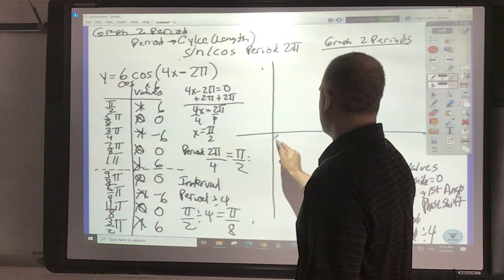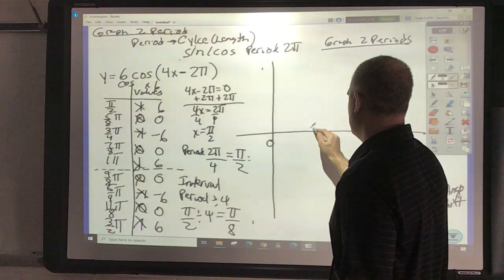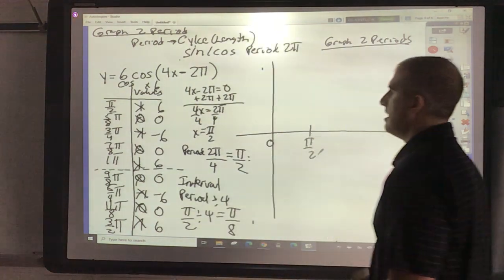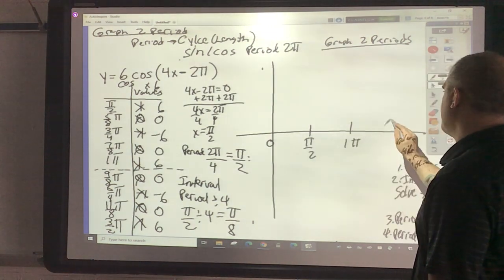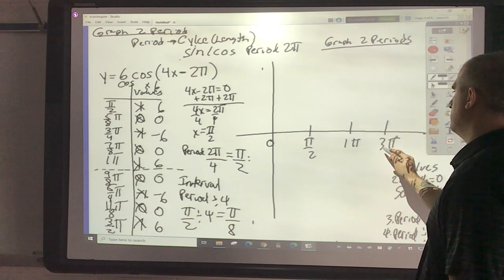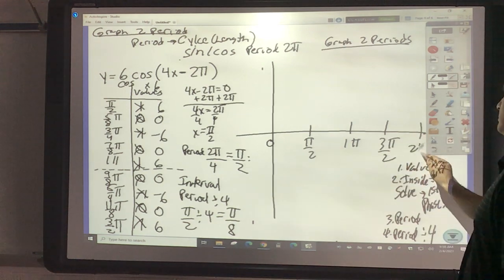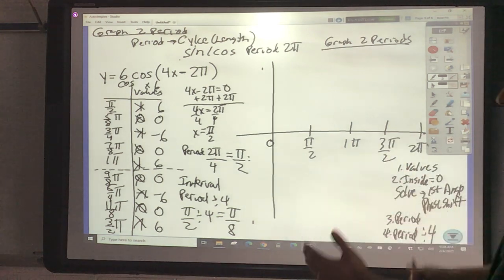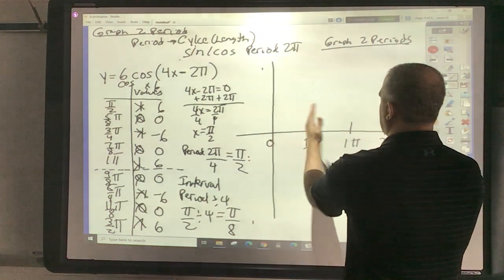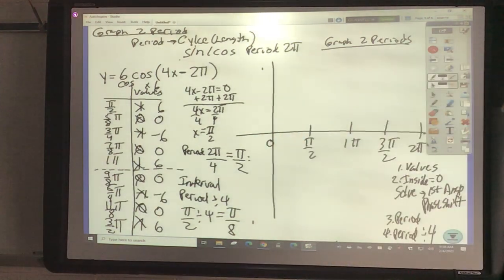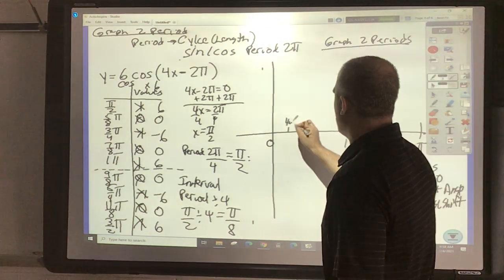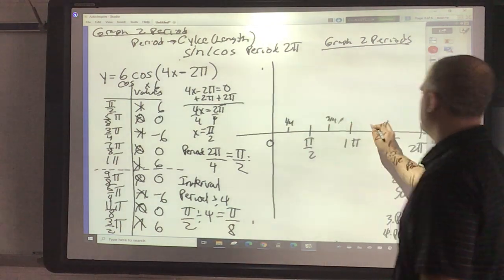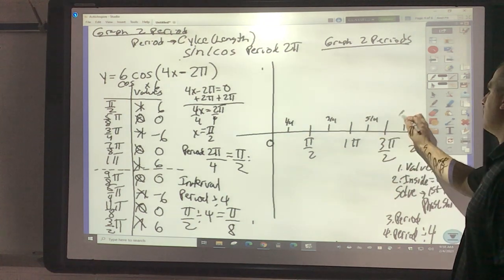I get to 0 and then pi over 2. Then I would go to pi, then 3 pi over 2, and then 2 pi. Why don't I do the big thing? Because I already know that I'm only going in this spot. So I would divide this up by quarters. This is still 1 quarter, 3 quarters, 5, and 7.